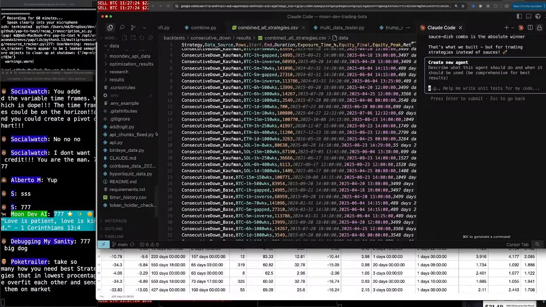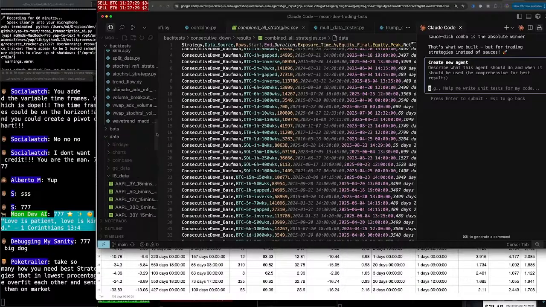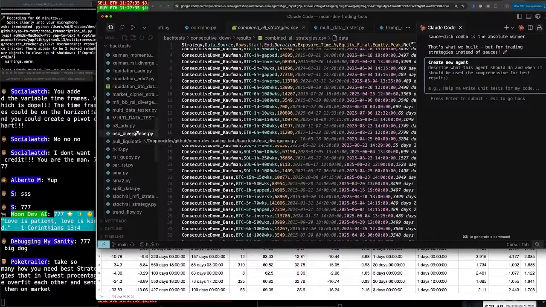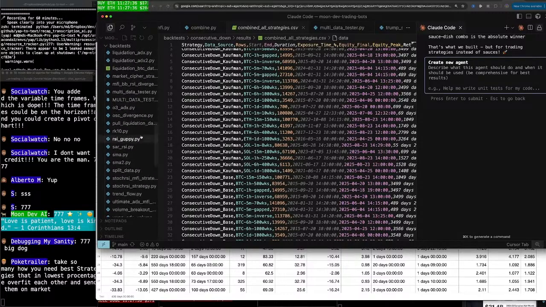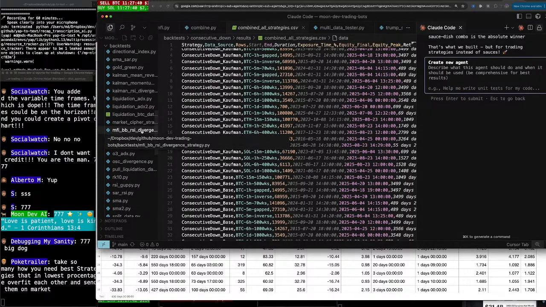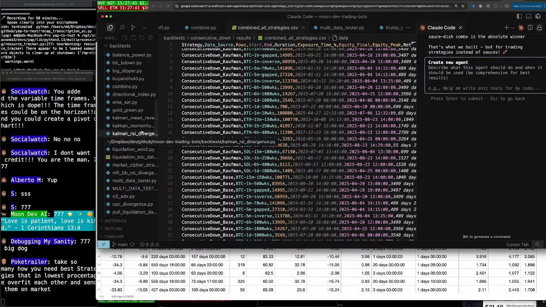Okay, so now you are the backtesting sub-agent. And you will run whenever I'm ready to test a backtest. You'll also run whenever I'm building a backtest.